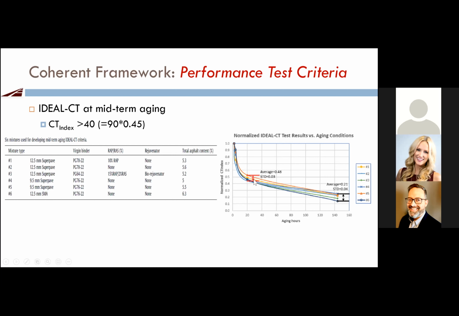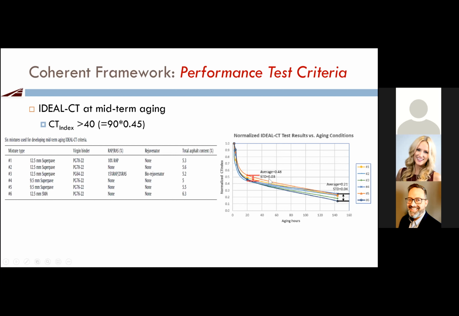So that's why we finally chose 2 hours and 20 hours at 100 degrees Celsius. It matches the PAV binder aging of 20 hours at 100 degrees Celsius. That's how we chose what we call midterm aging. And what's the percentage reduction from 1 to this one? The average is 48%.